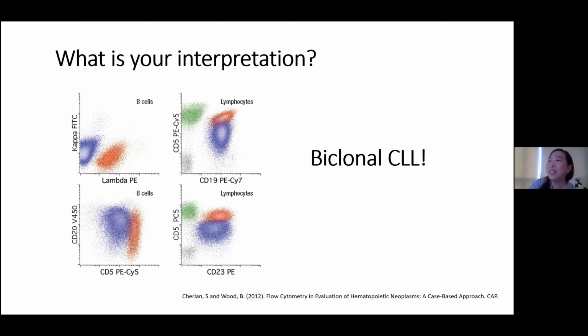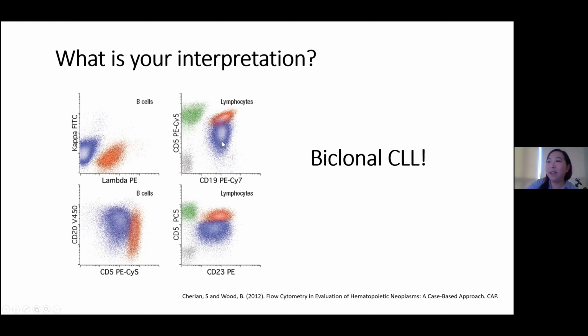So this is actually a case of a biclonal CLL, which is very interesting, and it does happen, and I've seen it. So whenever you see a B-cell population that co-expresses 19 and 5, it is never normal. So even though the kappa and lambda look polyclonal, always backgate on your kappa and lambda population and see if they're co-expressing aberrant markers, right?